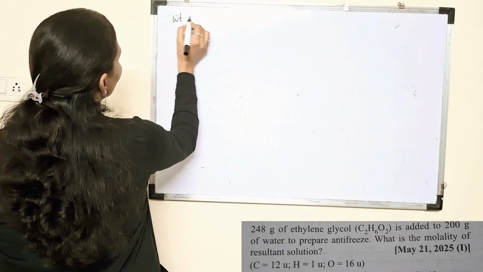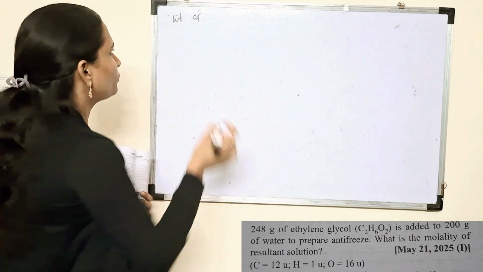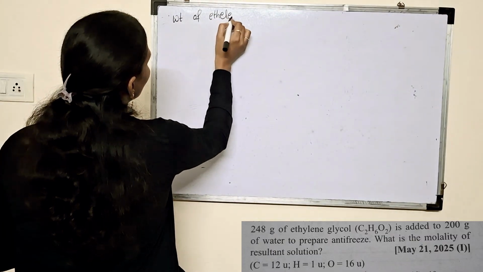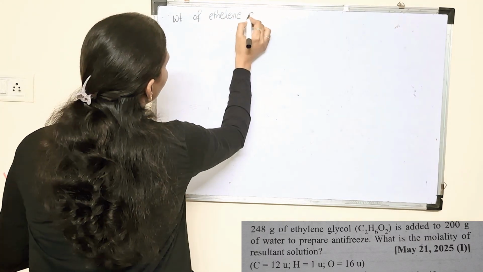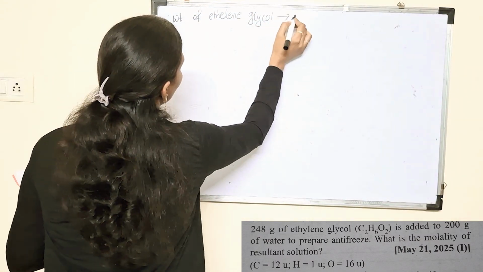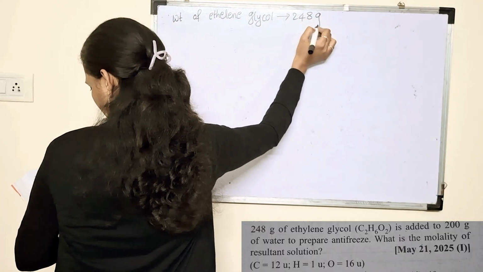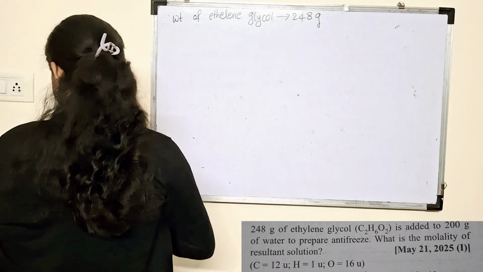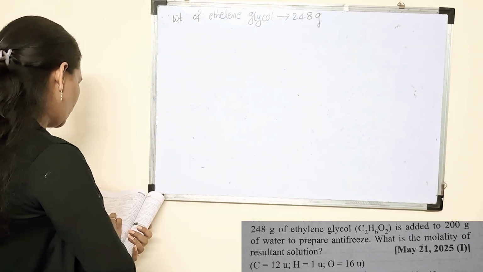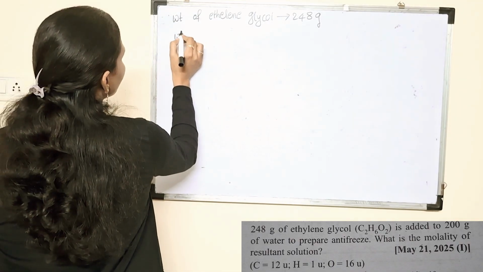Grams means that is the weight. So weight of ethylene glycol, how much did they give? 248 grams. Next, it is added to 200 grams of water, so the weight of water also they gave.